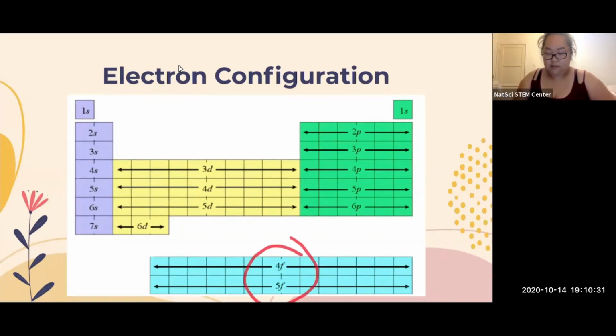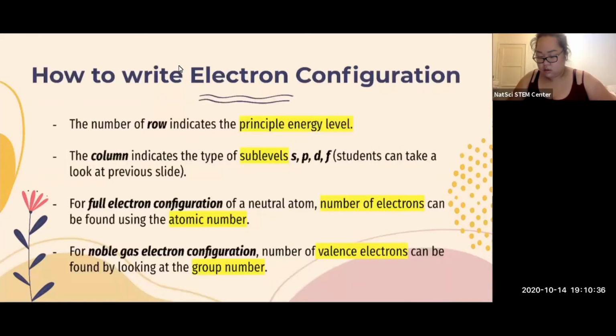And this is your f. So the full electron configuration indicates everything from 1s orbital all the way out to the valence electron orbital. The number of electrons can be found using the atomic number.